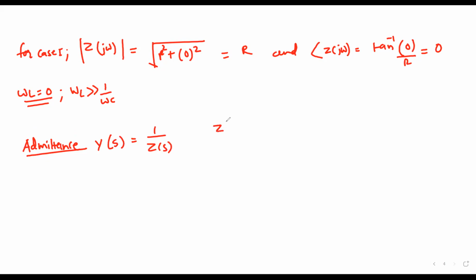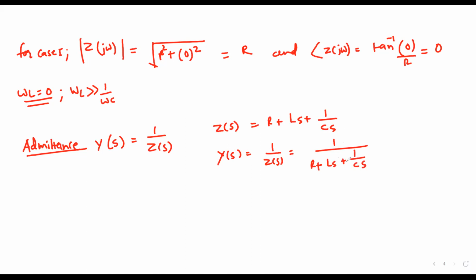We know that the impedance is R plus LS plus 1 over CS. Therefore, Y of S would be 1 over Z of S, which is 1 over R plus LS plus 1 over CS. So this is how we can get the values.